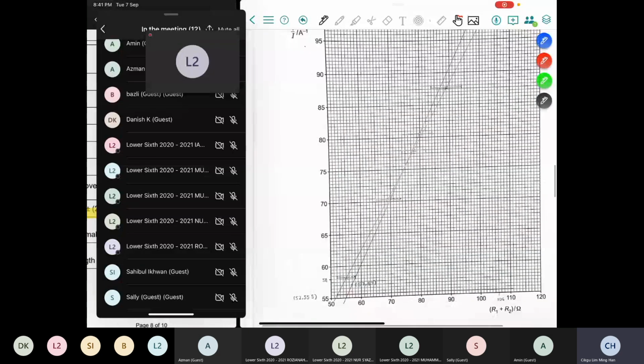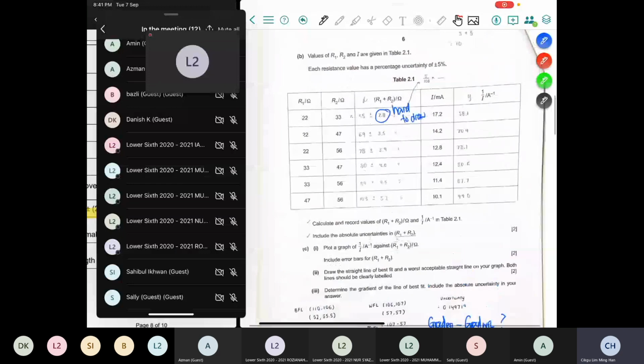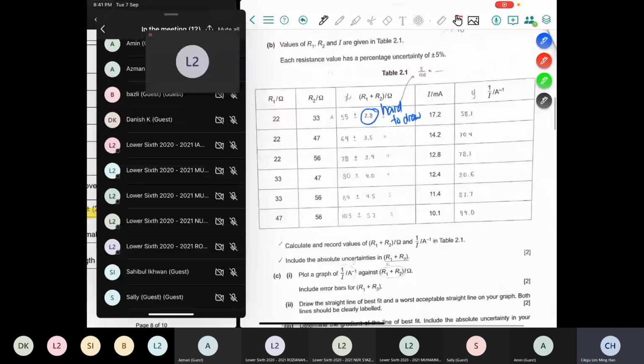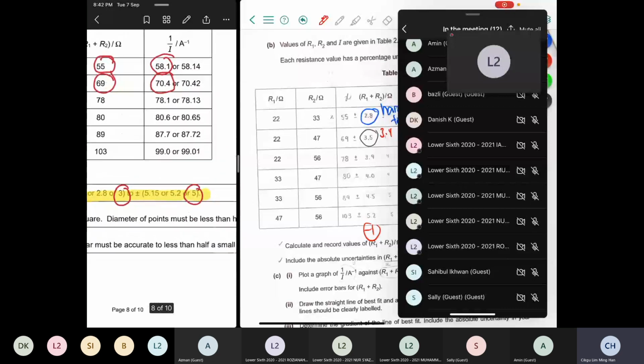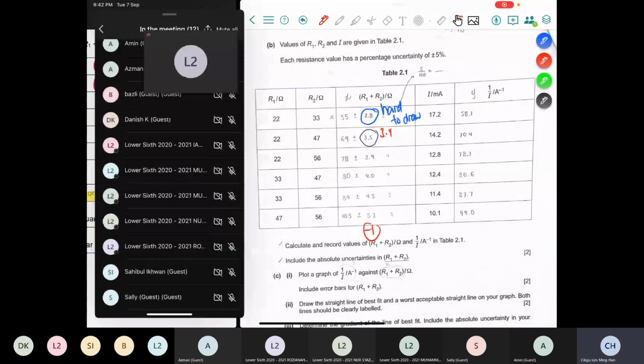Oh, she uses 3.5. Okay. I think Inshira you need to minus 1 for this one. Because I remember just now it is 3.4, something. So maybe it can be. Let me look at the scheme. 2.8, nothing specified, so it should be fine.